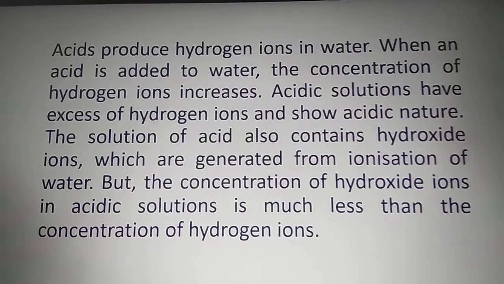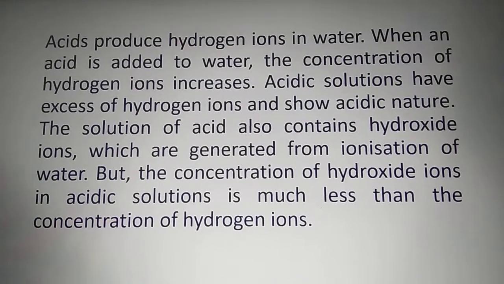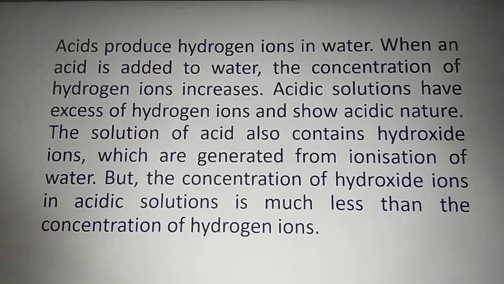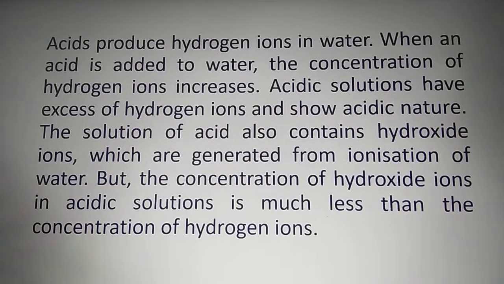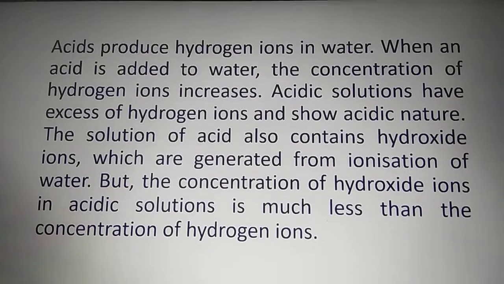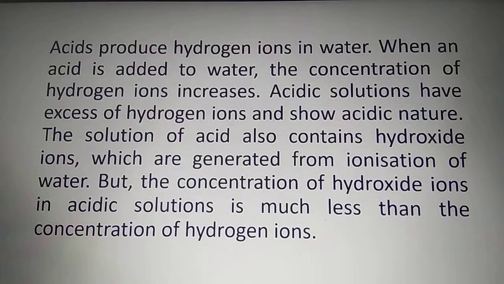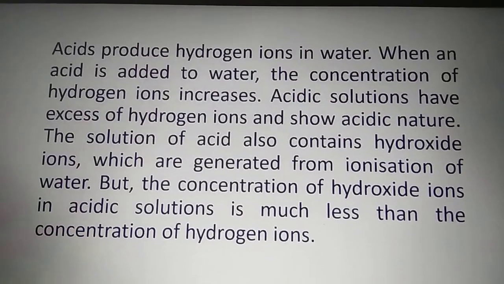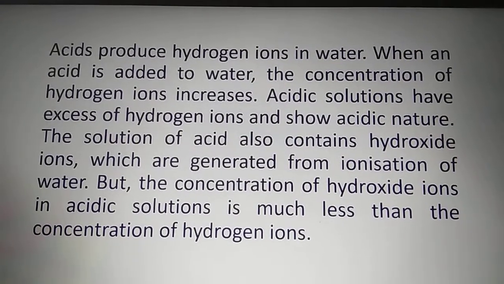When an acid is added to water, concentration of hydrogen ion goes on increasing. But here you have to remember that acidic solutions also have hydroxide ions. Question is, from where do these hydroxide ions come? Acids are dissolving in water. Water is already dissociated to produce H+ ion and OH- ion.